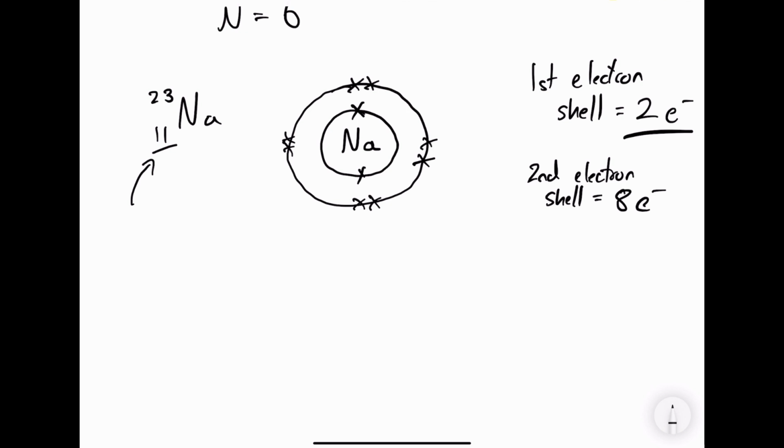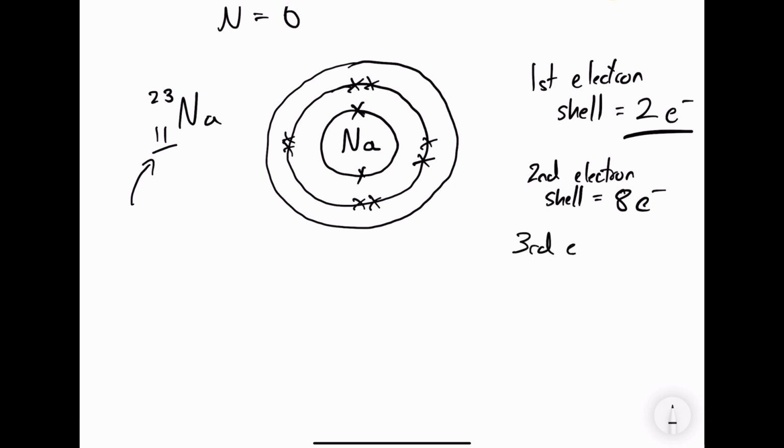But sodium, one atom of sodium has 11 electrons, which means we need a third shell. The third shell can also hold a maximum of 8 electrons. So I'm just going to put that one here at the top. And there, we've done it. We've drawn the electron configuration of a sodium atom. So if a question asked you to draw the electron configuration of a sodium atom, then you would draw something that looks like this.